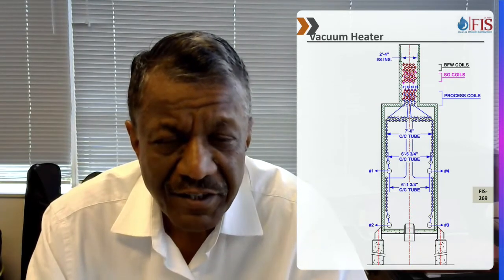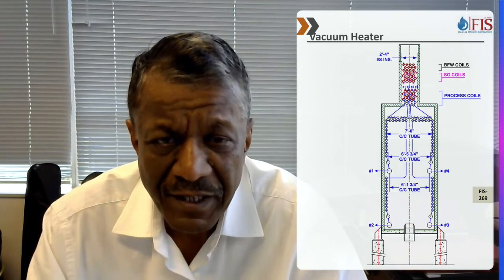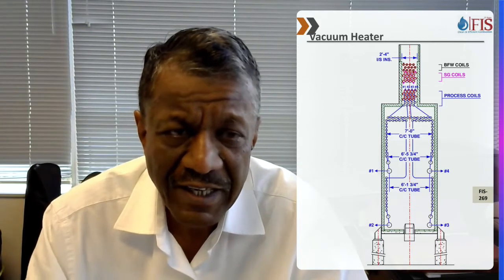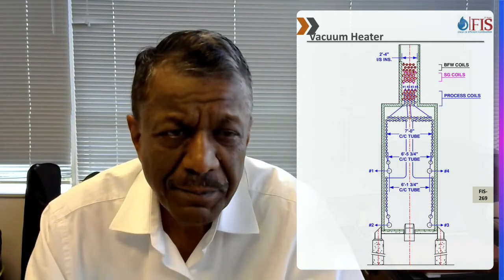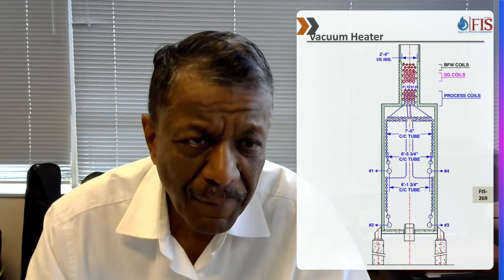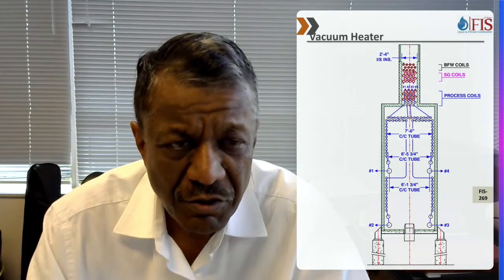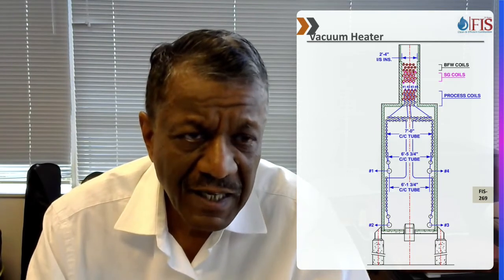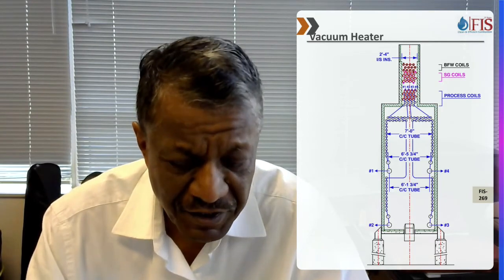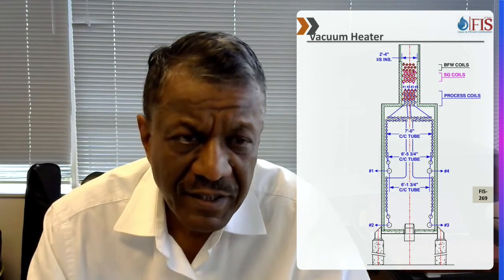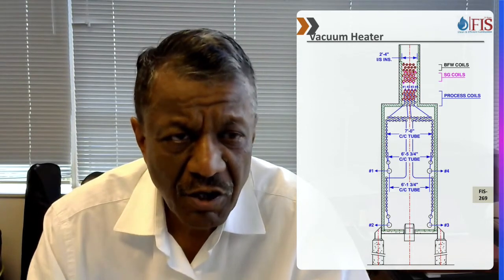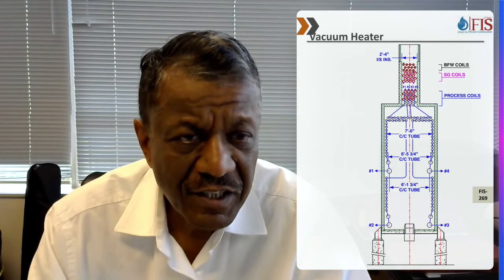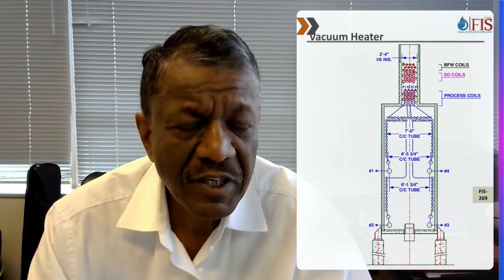So this heat distribution pattern has been a major issue in vacuum heaters and any multi-pass cabin heaters. Now the question comes, what can we do? We can have a 4-pass heater with the outlets on the top. That is one option. The second is we can have the outlets, 2 in the middle, 2 in the bottom.